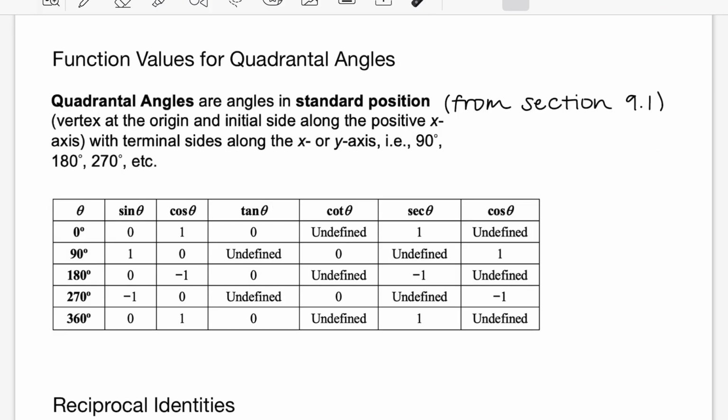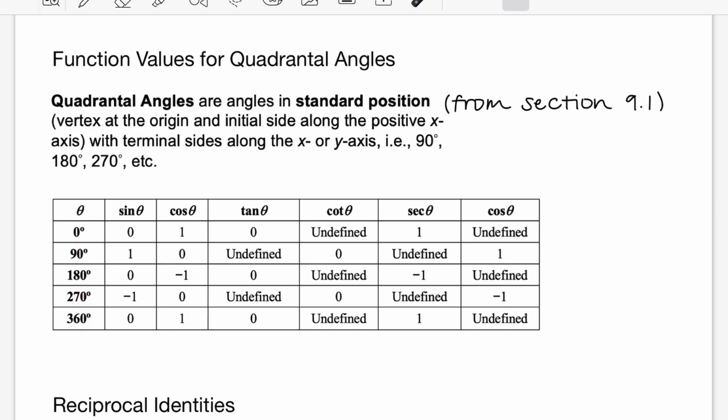So this brings us to some function values for quadrantal angles. We saw from section 9.1, these are angles in standard position with terminal sides along our x or y axis. So these are at 90 degrees, 180, 270 degrees, and 360. So this chart here represents the 6 trig function values at these angle measures here.